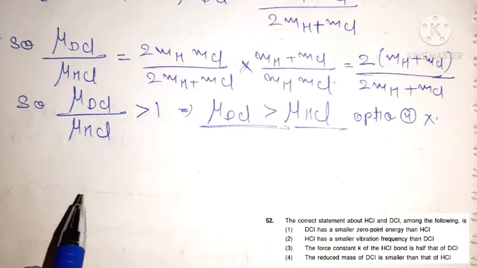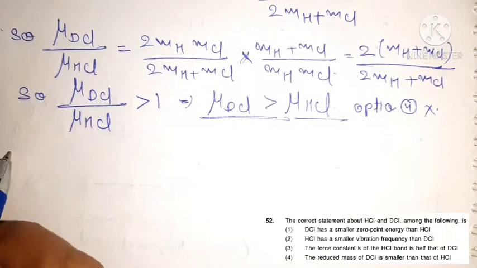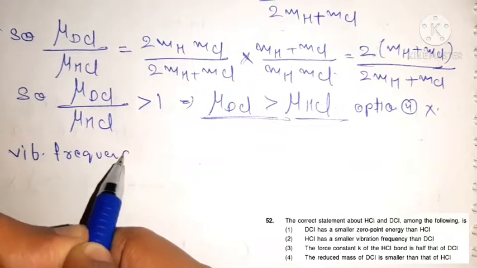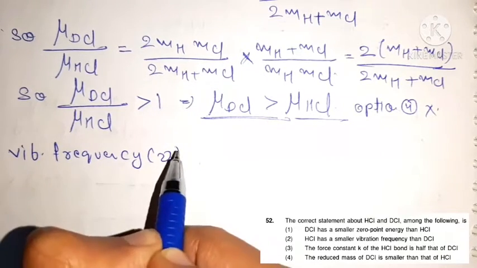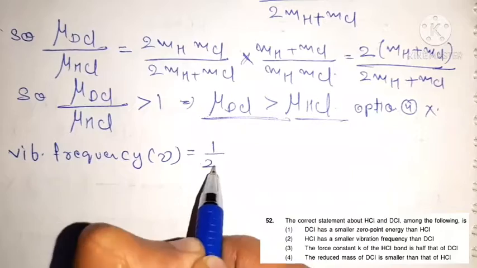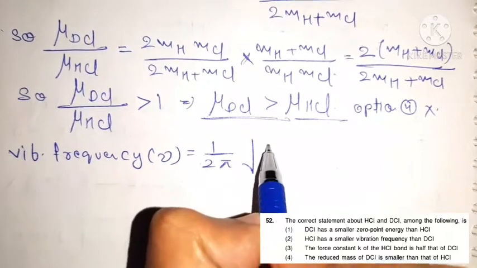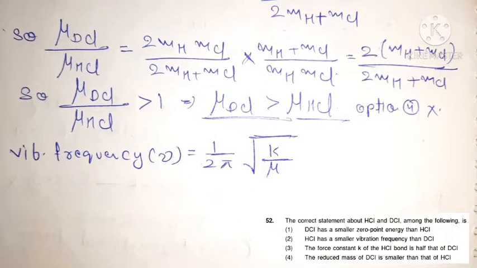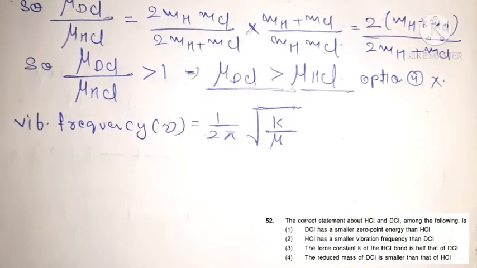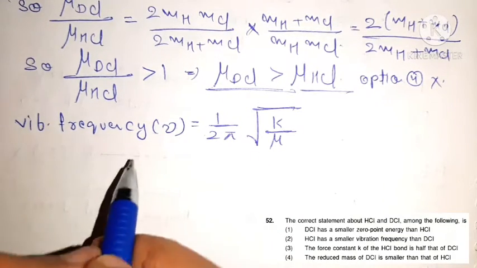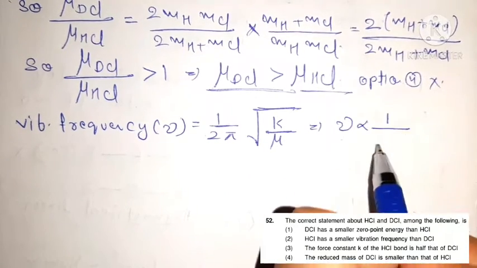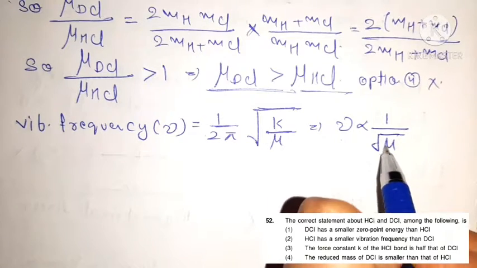Now we have a formula for vibrational frequency. In spectroscopy, the formula for finding vibrational frequency, that is nu, is equal to 1 upon 2 pi under root k by mu, where k is force constant and mu is reduced mass. Okay, this is the formula of vibrational frequency, and by this formula we conclude that your vibrational frequency will be inversely proportional to under root of reduced mass.